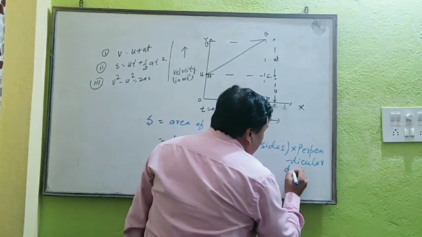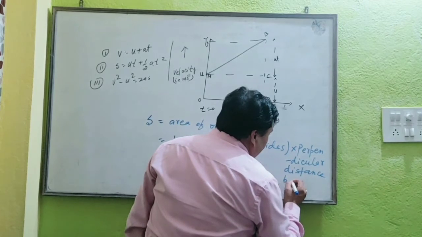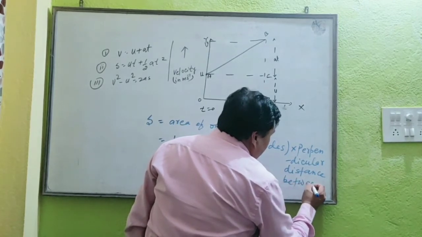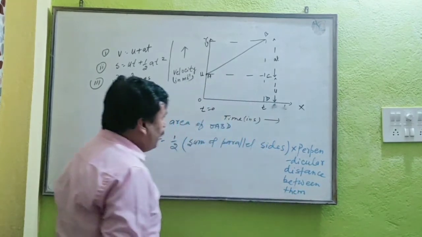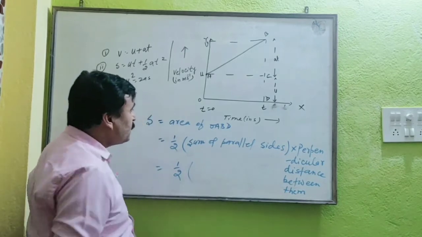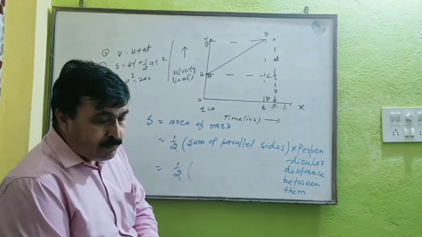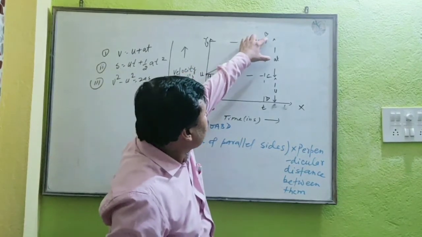Half the sum of parallel sides means OA plus BD.